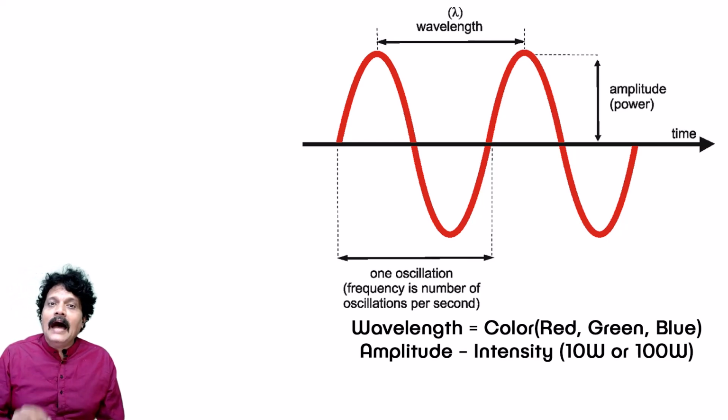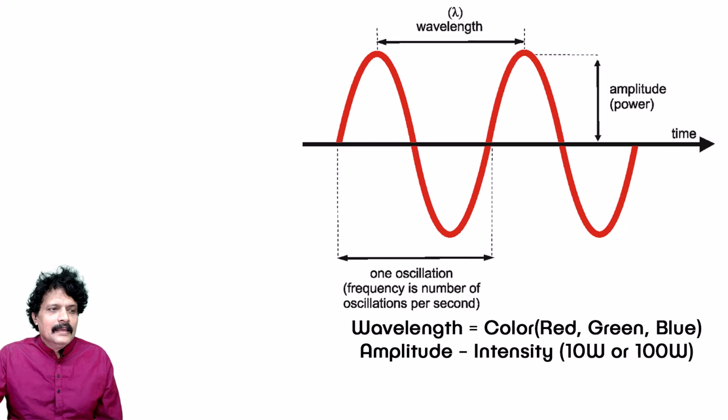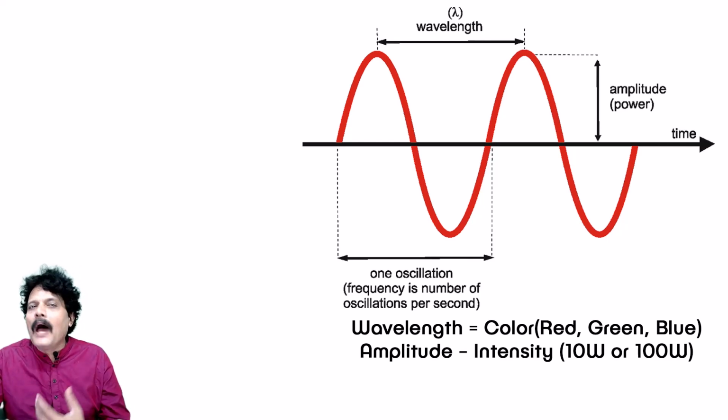One is the amplitude of the wave. The amplitude of the wave means, say here, the height of this wave. So now if the intensity of this wave is very high, this amplitude will be very large. Say for example, in case of light, we measure it as wattage.